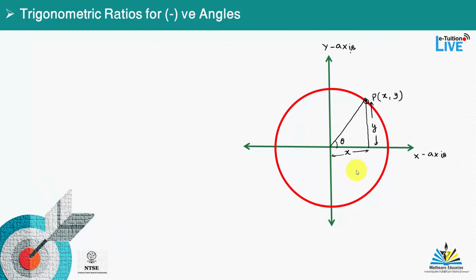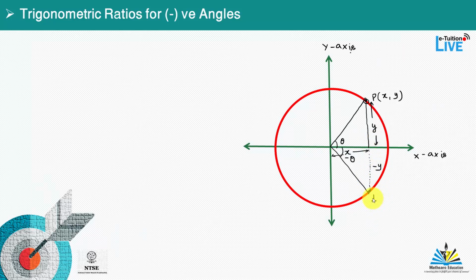Now if we take the image of this point with respect to the x-axis, then this image will lie again on the circle, as you can see here. So this angle will also be theta, and this angle will be minus theta. If this length is x and this is y, then this must be minus y.